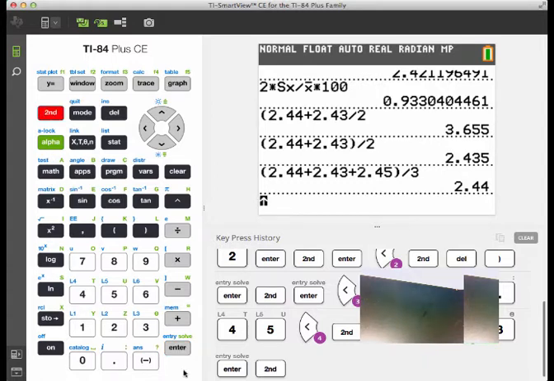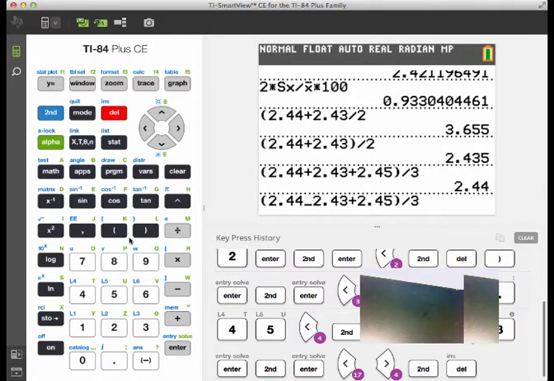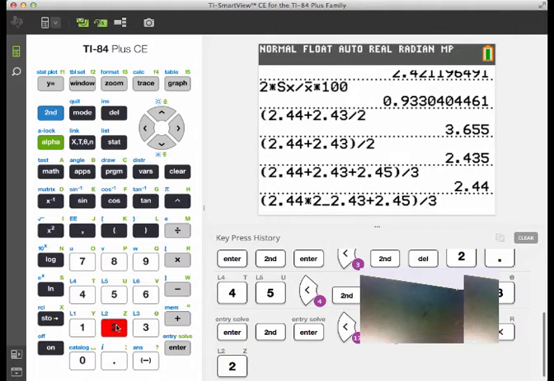And now we do another, and we have another 2.44, which we could add, or we could make it multiplied by 2. So we insert times 2. And now we have 4 things we're dividing by.